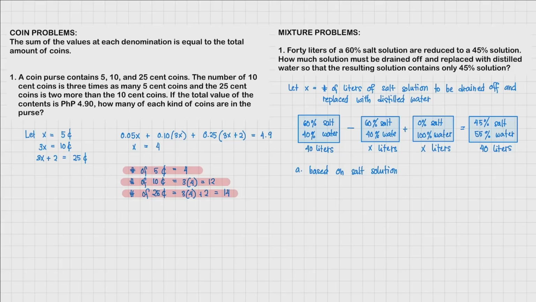From that, the equation would be 60% times 40, minus 60% times x, plus 0% times x, and it should be equal to 45% times 40. Now solving for x, it would be 10 liters.